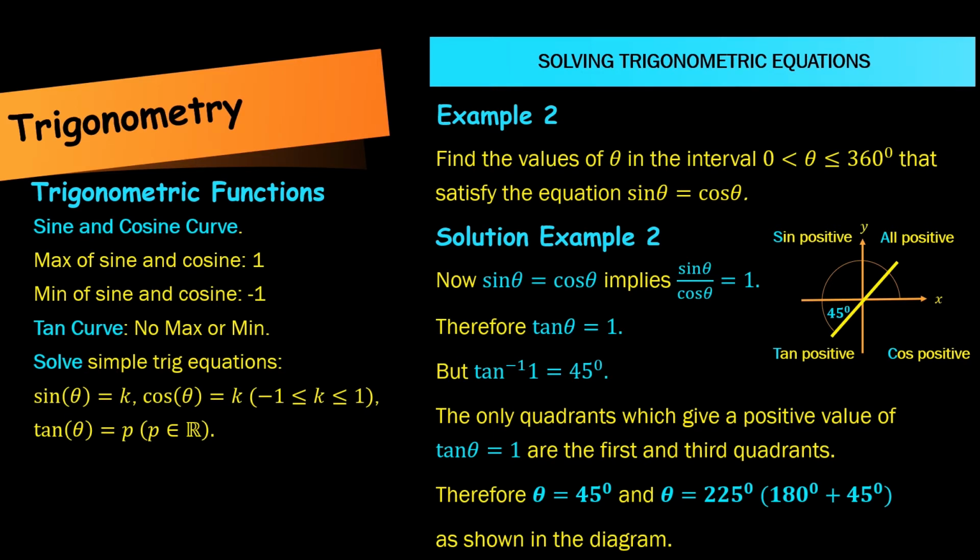However, this angle is actually 225 degrees when measured anti-clockwise from the positive x-axis. So 180 degrees plus 45 degrees, 225 degrees, as shown in the diagram.